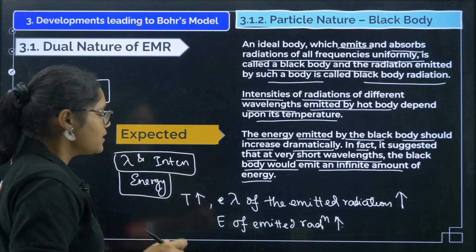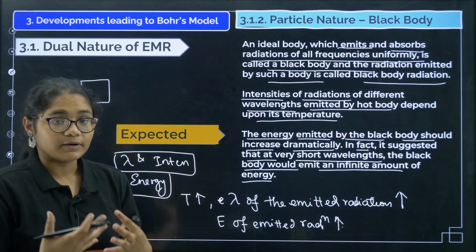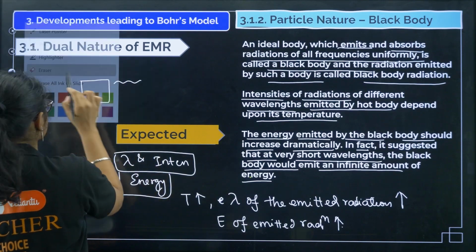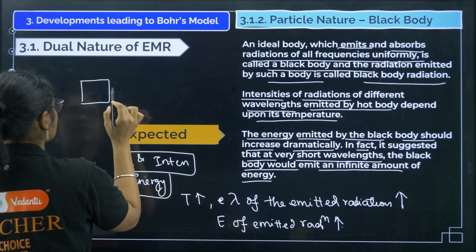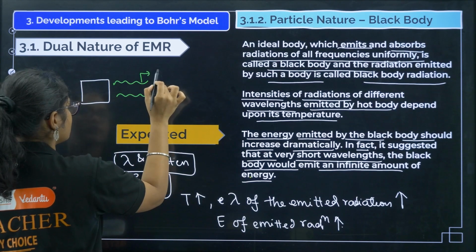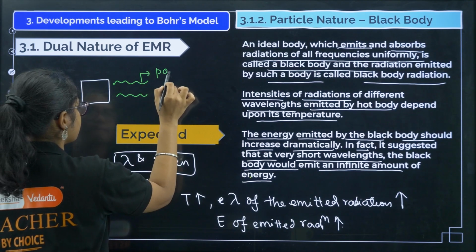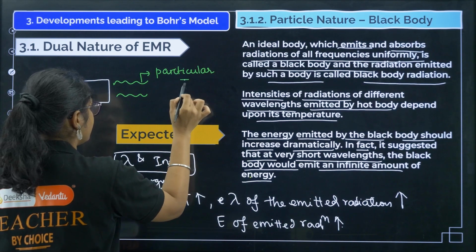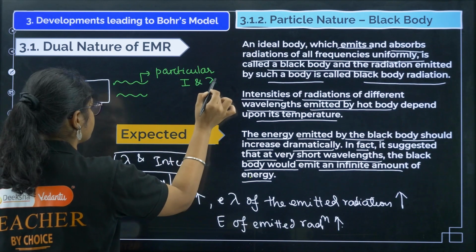Now, when a body is heated at a particular temperature, it emits radiations of a particular intensity and wavelength.